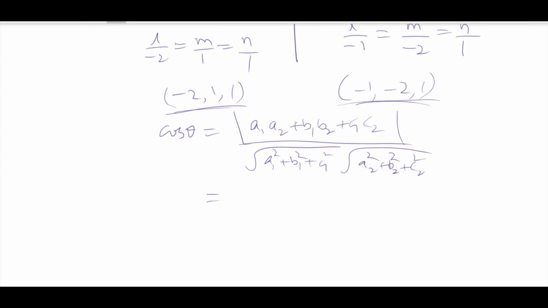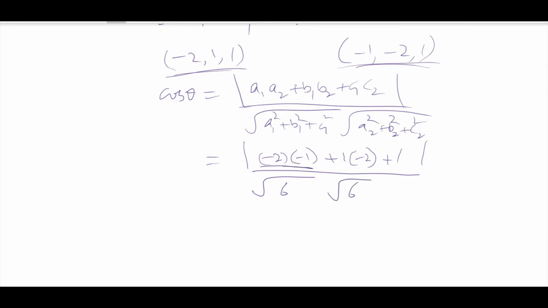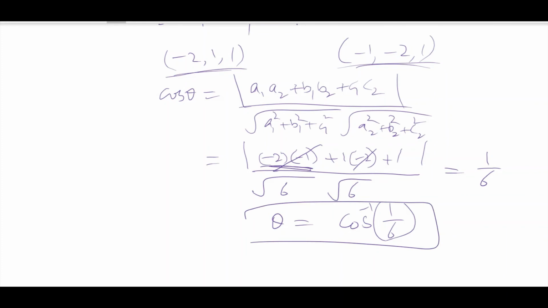That equals to minus 2 into minus 1 plus 1 into minus 2 plus 1 divided by square root of, this is 6 and this is root 6. So minus 2 into minus 1 is plus 2, minus 2 gets cancelled, that equals to 1 by 6. So theta will be equals to cos inverse of 1 by 6. This is the required angle.